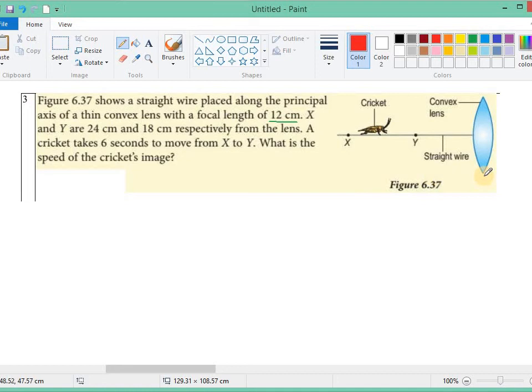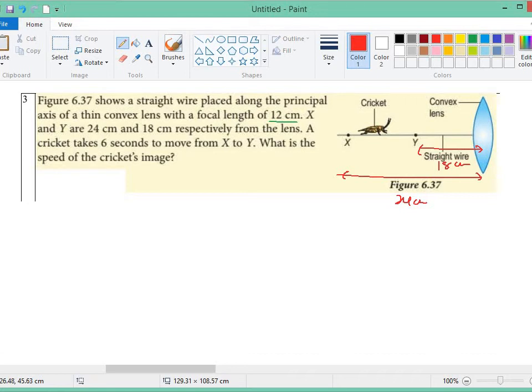So this one X is 24 centimeter. Here to here is 18 centimeter. A cricket takes 6 seconds to move from X to Y. What is the speed of the cricket's image?